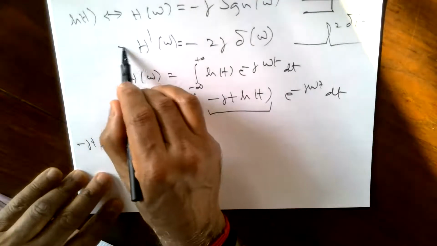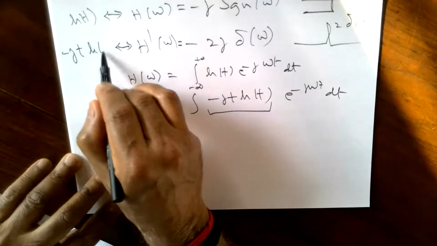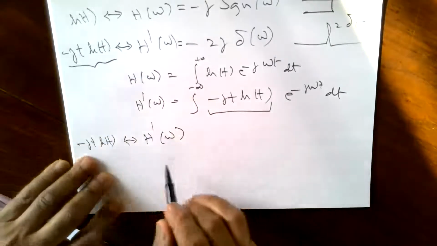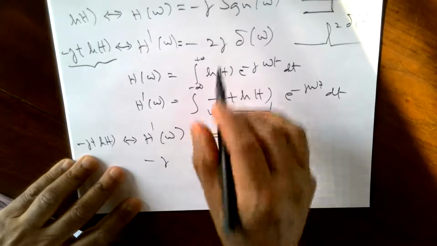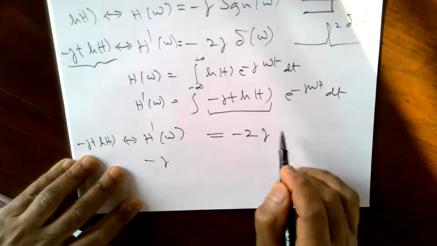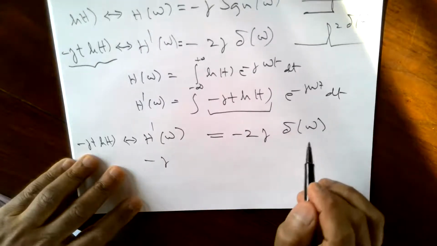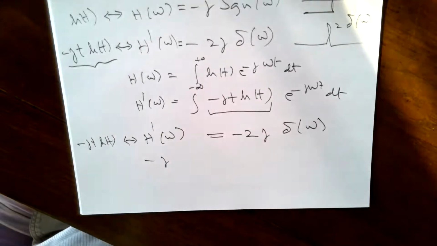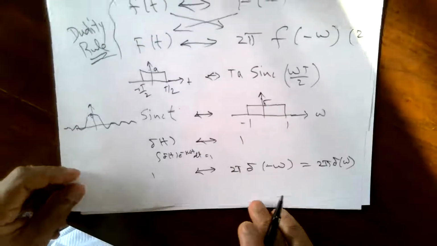So here, let me go here. This we can write as minus jt h(t). I'll rewrite that expression here: minus jt h(t) has a transform which is here, minus 2j delta ω. But we know the transform of delta ω because look at here, we had this expression.